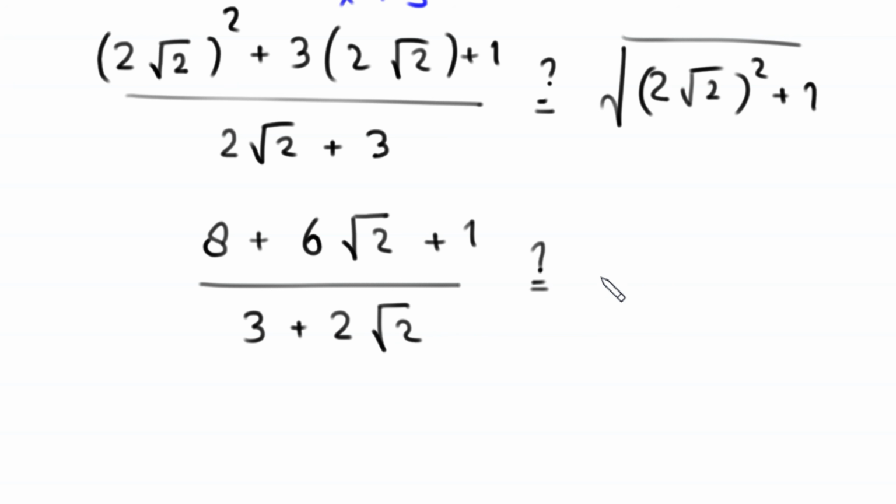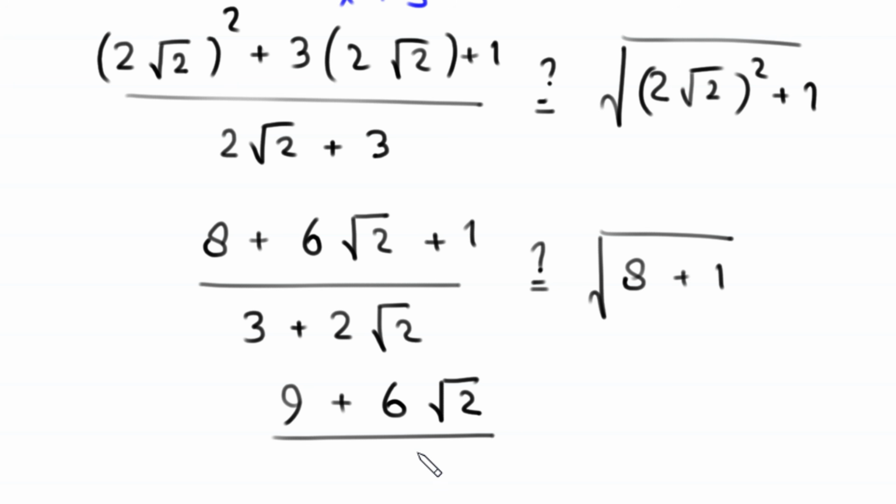Is this equal to the square root of 2 root 2 squared, which is 8, plus 1? Next, 8 plus 1 becomes 9, so the numerator is 9 plus 6 root 2, divided by 3 plus 2 root 2, equal to the square root of 9.